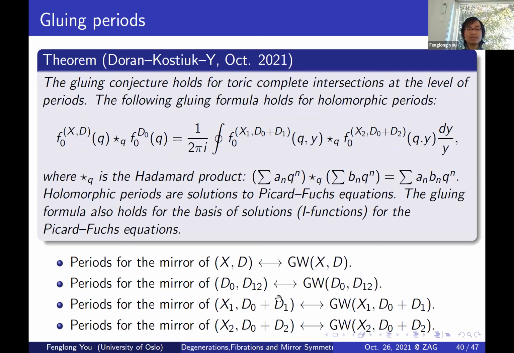So D12 is the intersection of D1 and D2. And periods for these two simple normal crossing pairs. And that should give a relation. This relation between these periods gives a relation between the corresponding Gromov-Witten invariants.